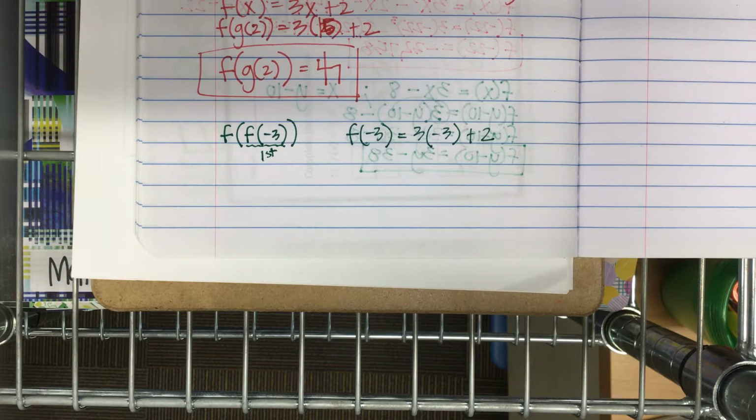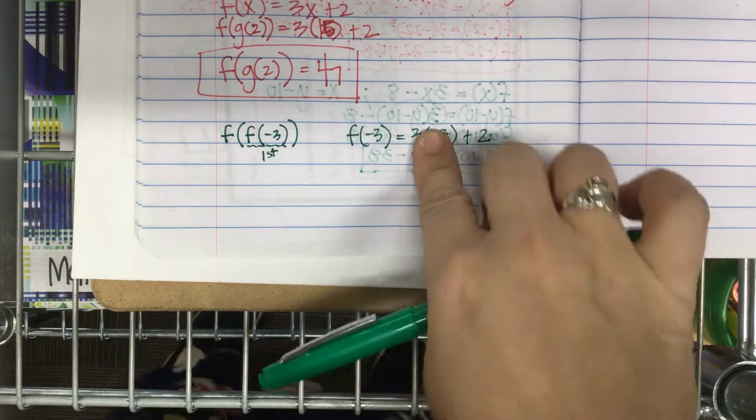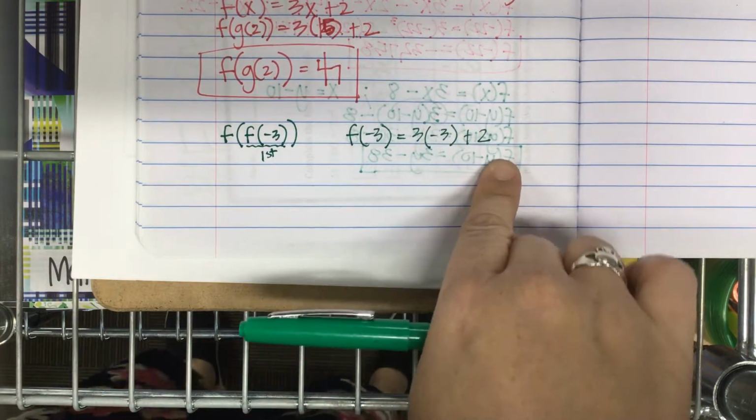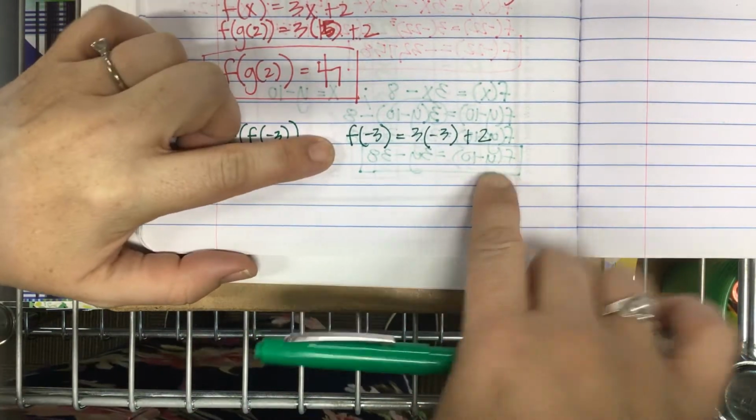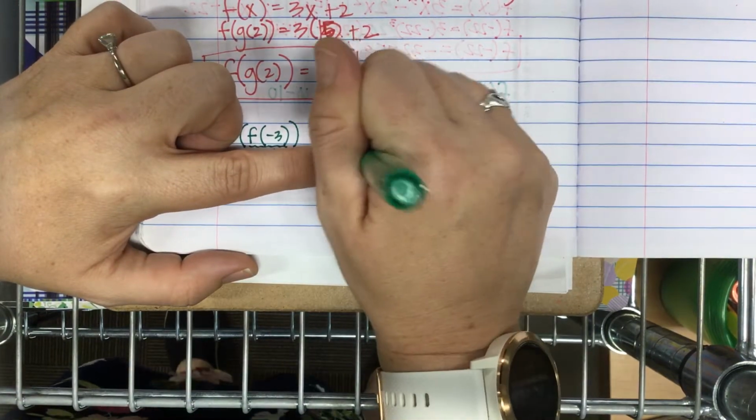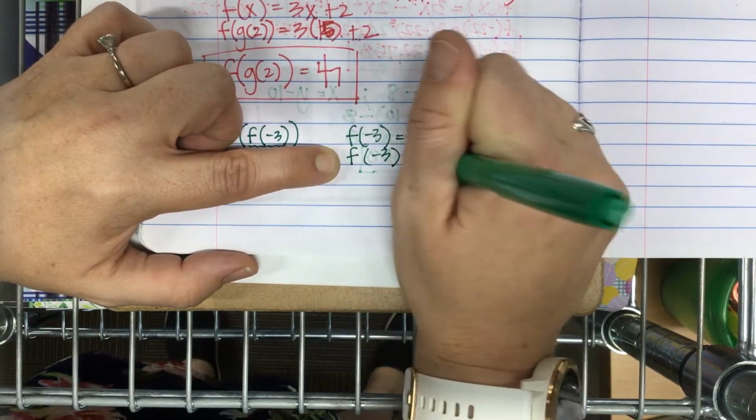I'm going to do that inside most parentheses. What's 3 times negative 3? Plus 2. So the function of negative 3 is negative 7.